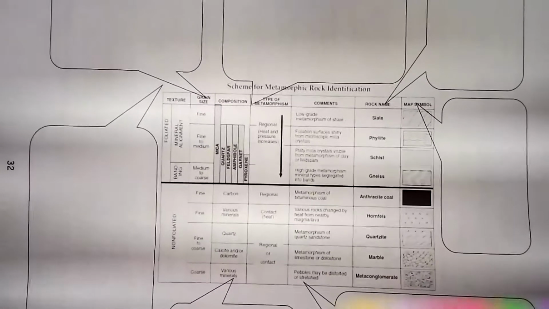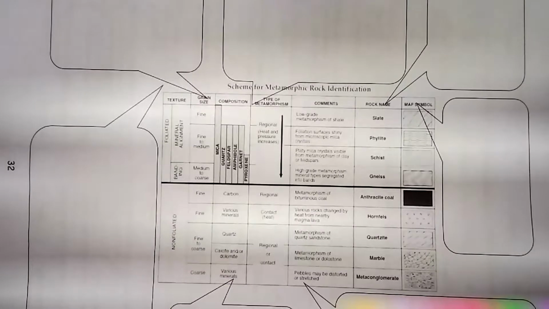I want to get you started to make sure you're introduced to the metamorphic rock chart on page 32. So just like we've been doing, head on over to the notes section about metamorphic rocks on page 32.